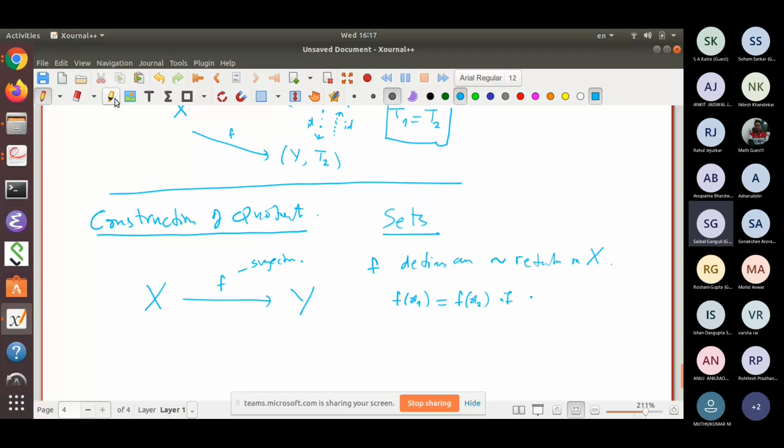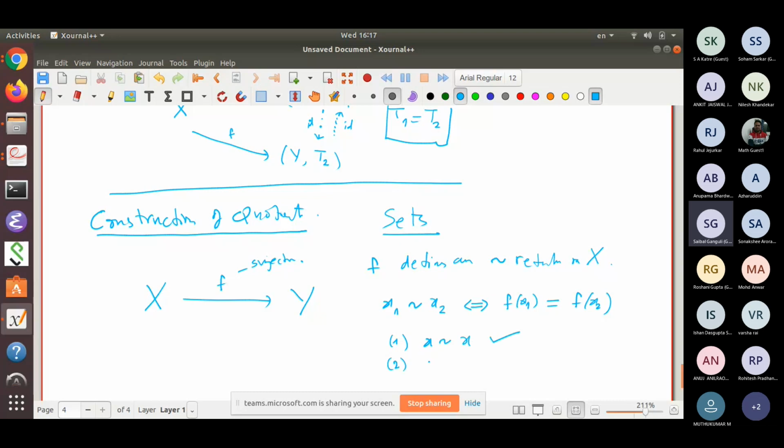Let's write it the other way around. First, the thing that I am defining should come first. X1 is equivalent to X2 if and only if F(x1) equals F(x2). Is this an equivalence relation? Let's check the three properties. X is equivalent to X. Yes.